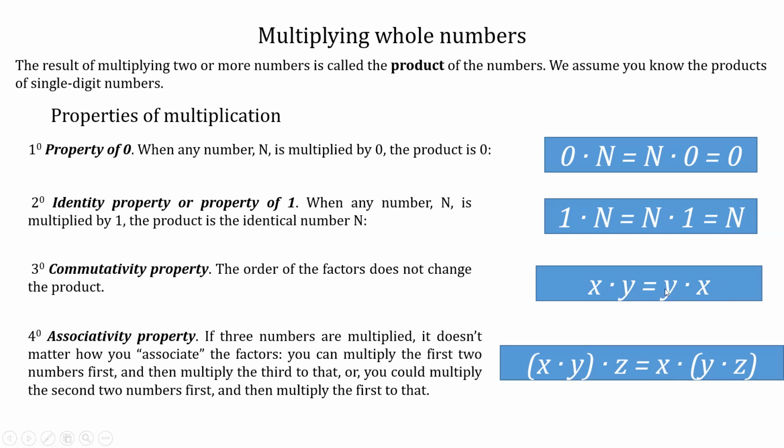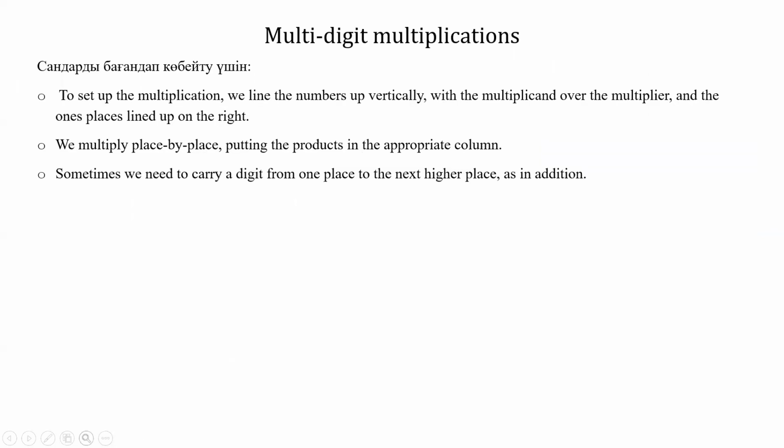And associativity property. If three numbers are multiplied, it doesn't matter how you associate the factors. You may multiply the first two numbers and then multiply the third, or you may multiply the second two numbers and multiply the first one.